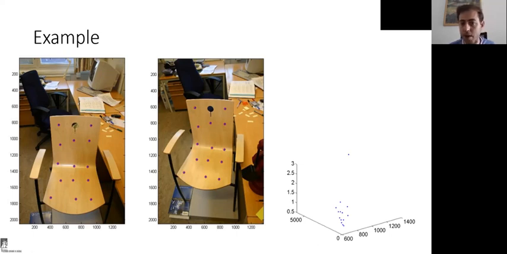Then we extract the cameras as we showed now, and we use triangulation to triangulate the 3D points from the known cameras and the point correspondences. And on the right, you see what we got, which is actually not looking so nice, not as we expected it to be.